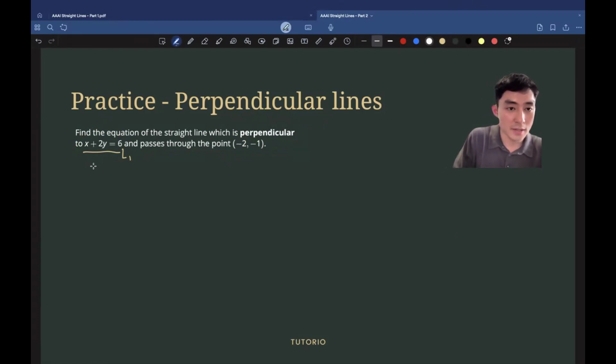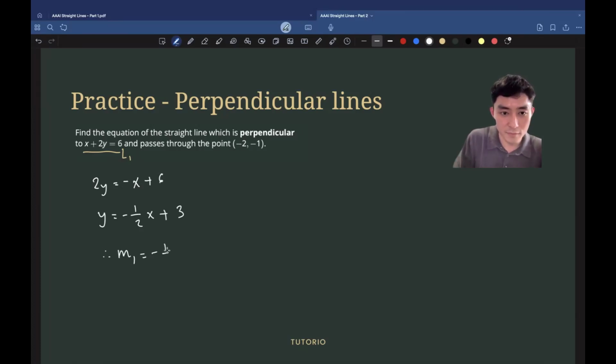We isolate the y, so first we move the x: 2y equals minus x plus 6. Then we divide everything by 2: y equals minus 1 over 2 x plus 6 divided by 2, which is 3. So we get that the gradient m1 is minus half.